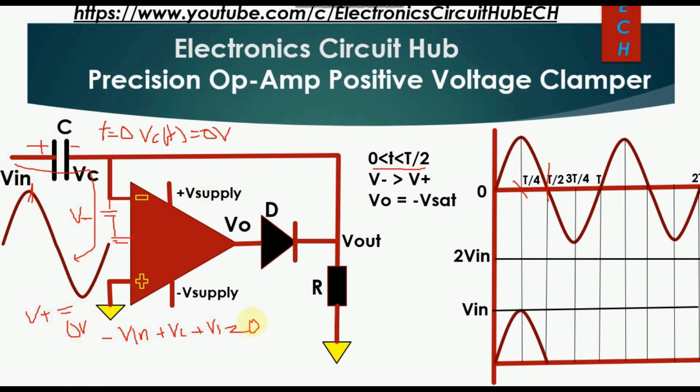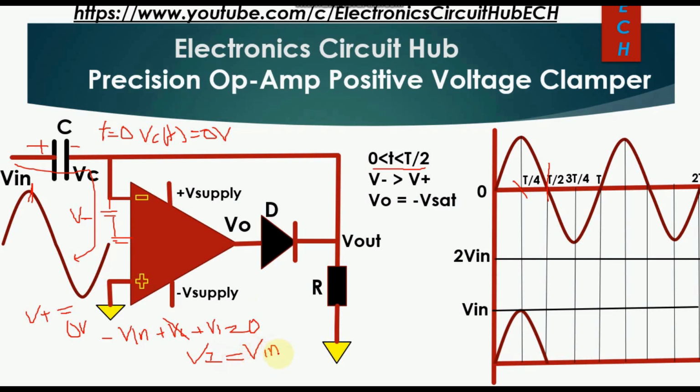Now since the voltage across the capacitor is 0 volt, this term will be 0, so V minus equals Vin. That means the voltage at your inverting terminal is the same as your input voltage.